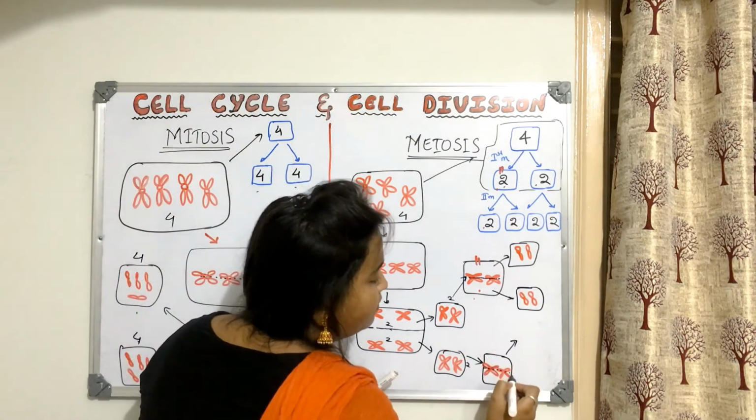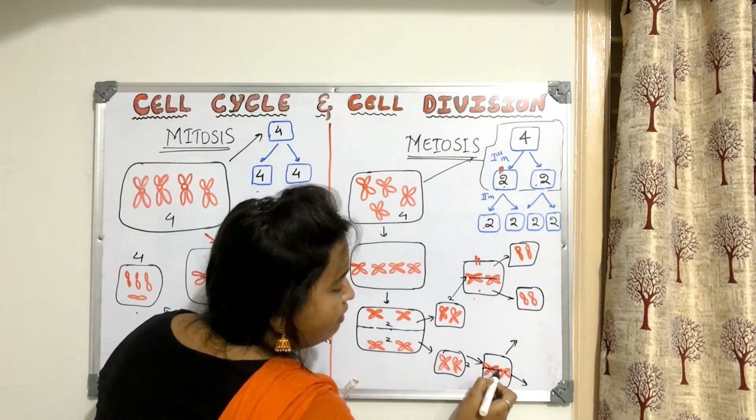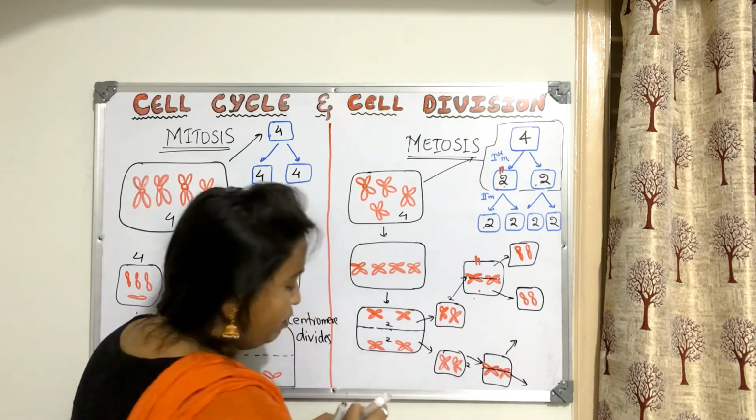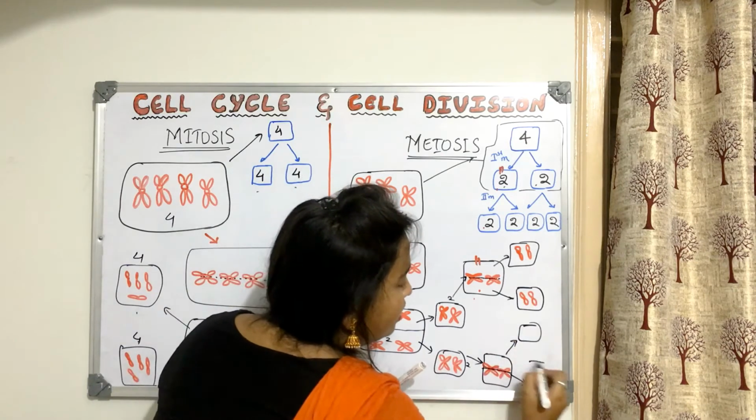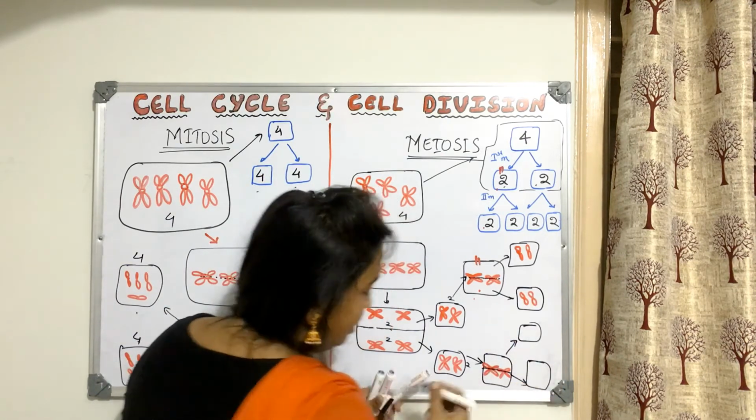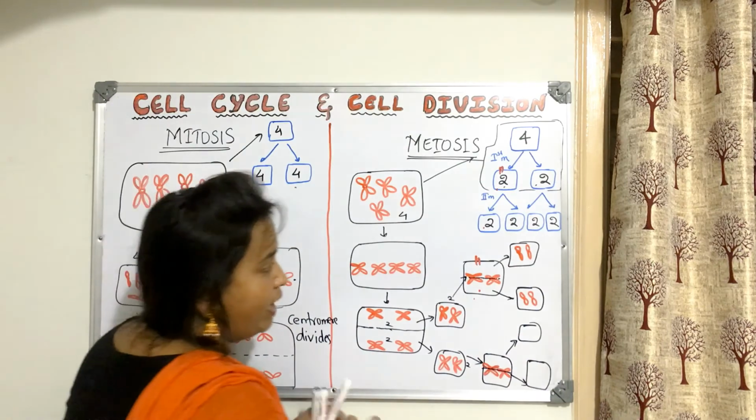Now again this cell, here the centromere will divide. So these chromosomes along with this cytoplasm will form one cell. This will form another cell. This part will form another cell. Same thing. So here what you will find again?